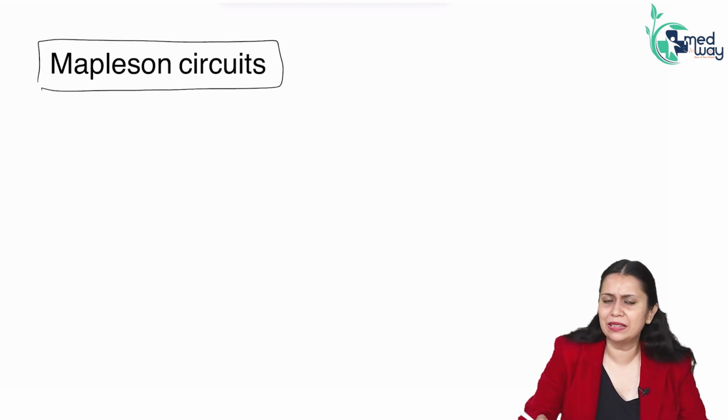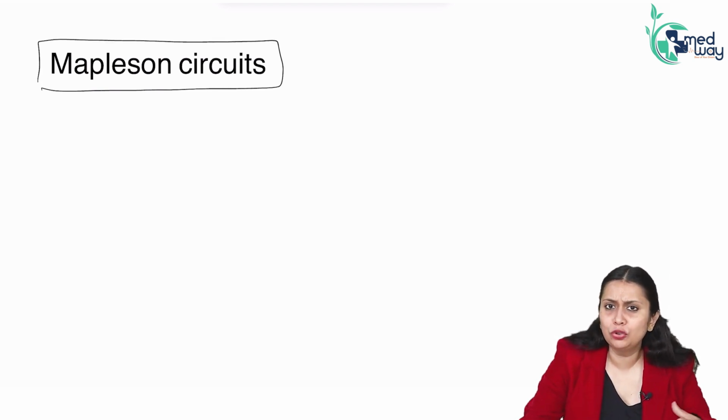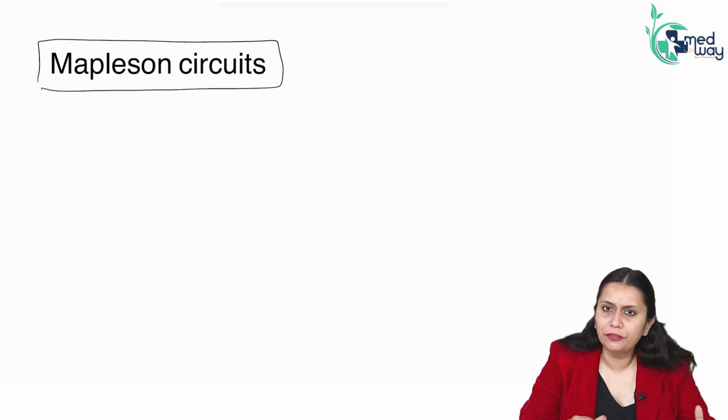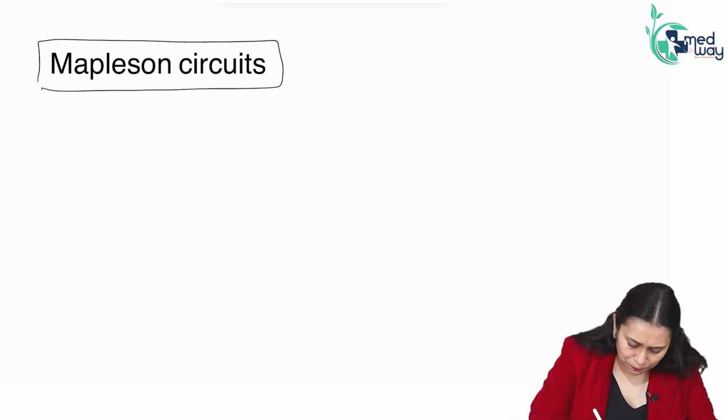As we discussed, Mapleson circuit is a two-flow system in which the gas flows in a to and fro movement, and CO2 removal is dependent on the fresh gas flow coming into the circuit. Now let us first discuss what the parts of Mapleson circuit are.